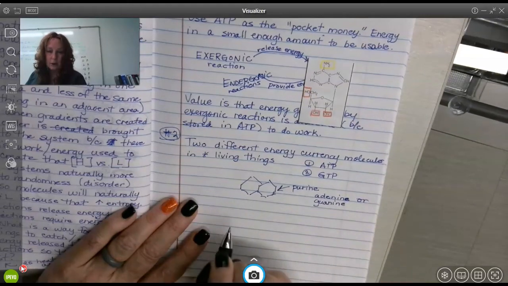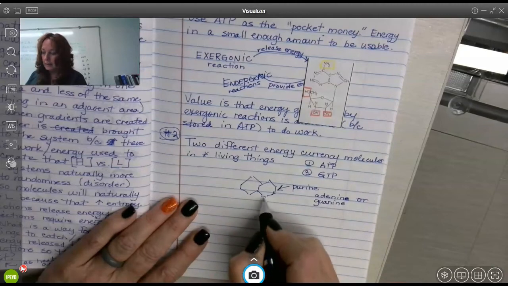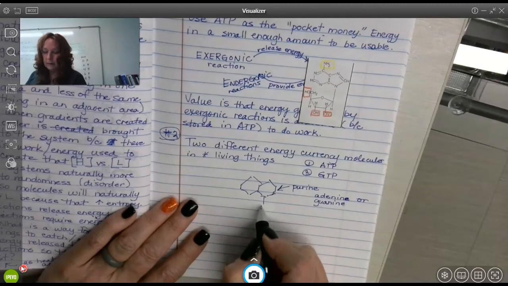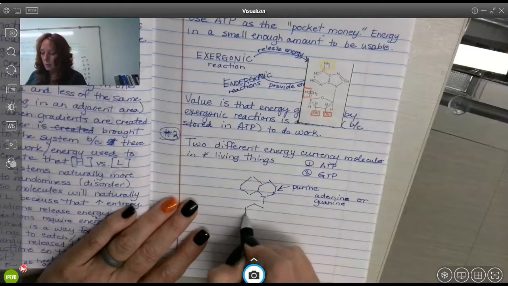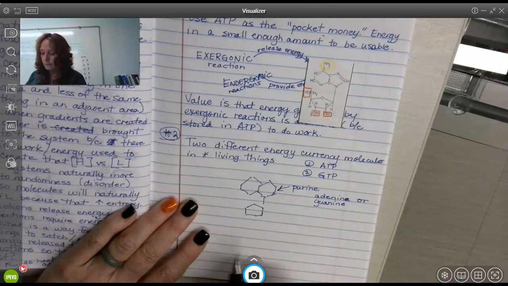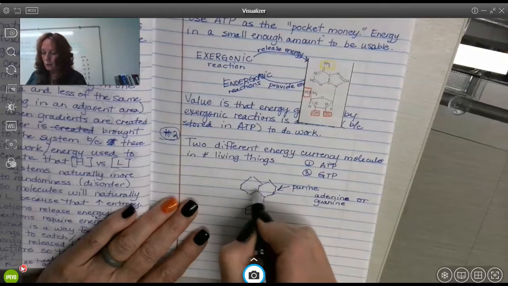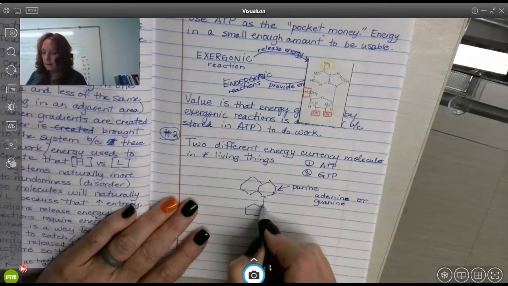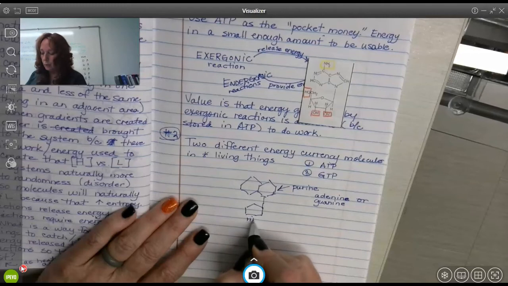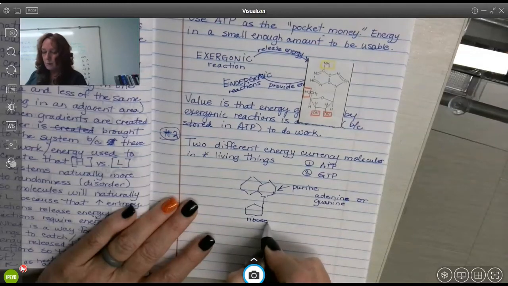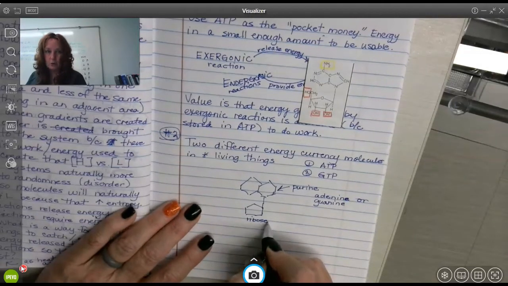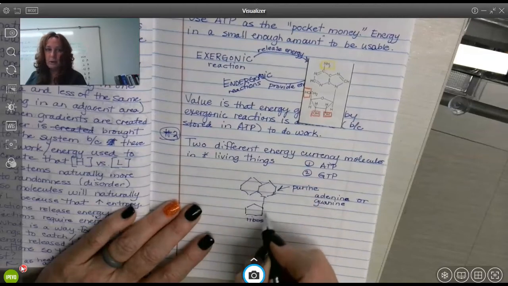Those are the only 2. It is going to be covalently bonded to a 5-carbon sugar. So this is the purine. This is your nitrogenous base. It's bound to ribose, which is a 5-carbon sugar. This is a nucleoside.